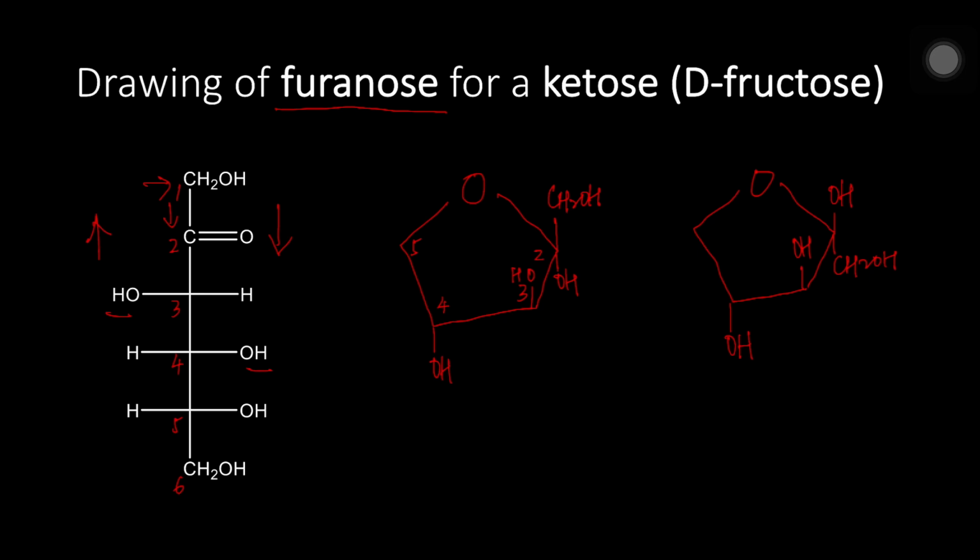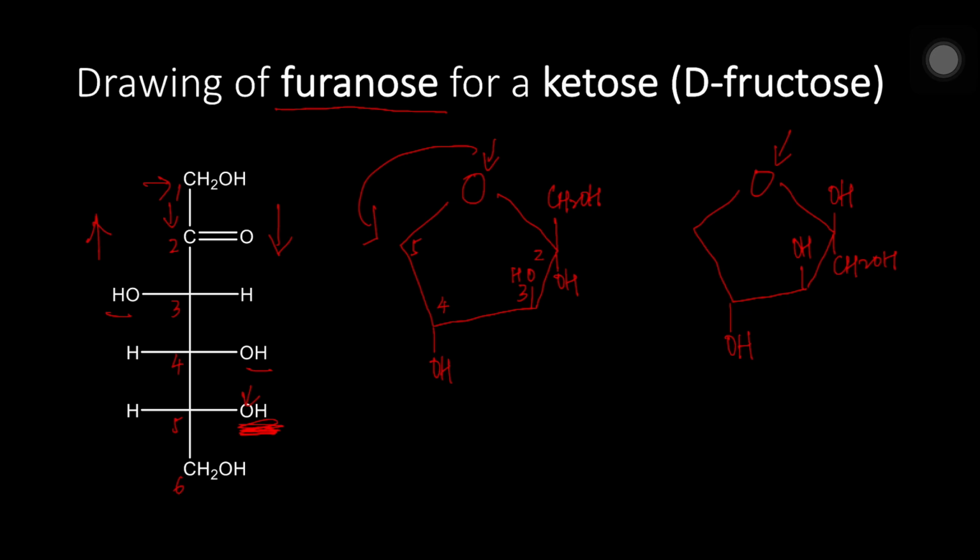For carbon number 5, remember you have to be careful with this. You do not need to draw this OH down of the ring, because this oxygen is already part of the ring. You can see this oxygen attached to this carbon number 5.